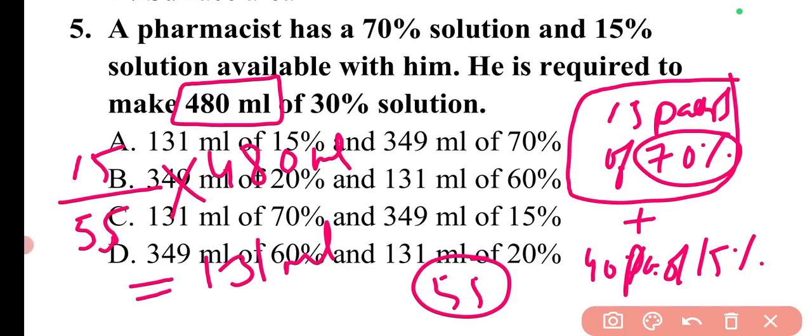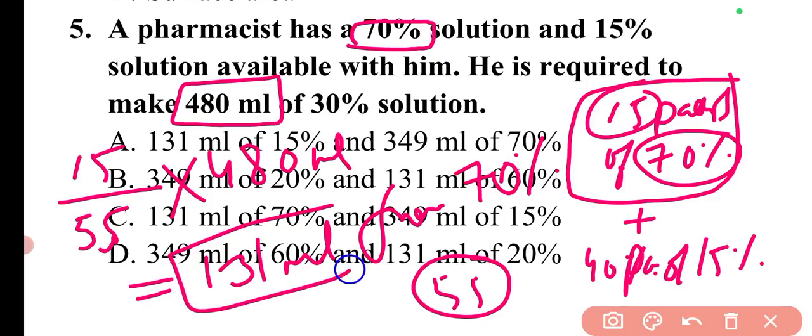So out of 480 ml, 131 ml we need to add from the 70% solution, because these 15 parts are from the 70% solution. We will take 131 ml of 70% solution and the rest from the 15% solution.